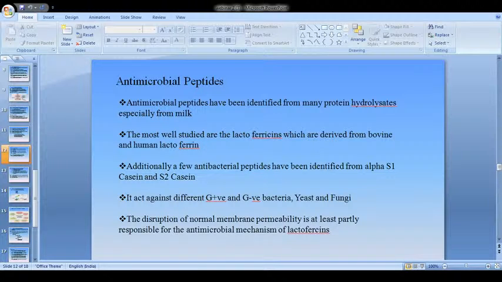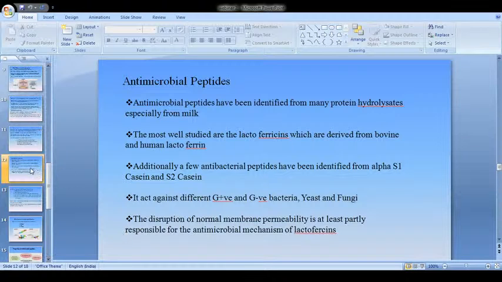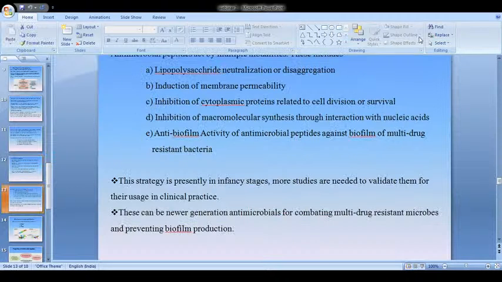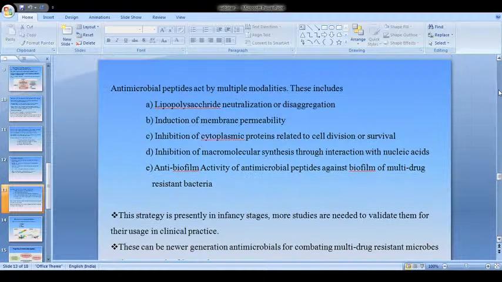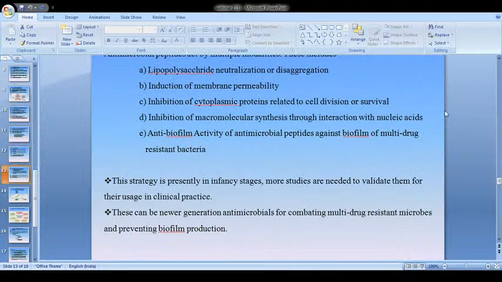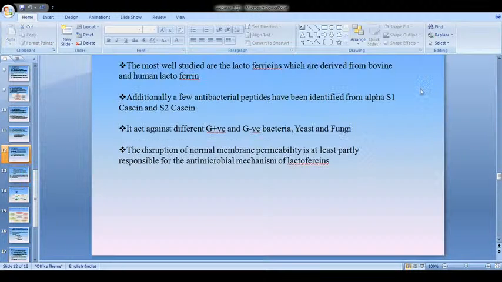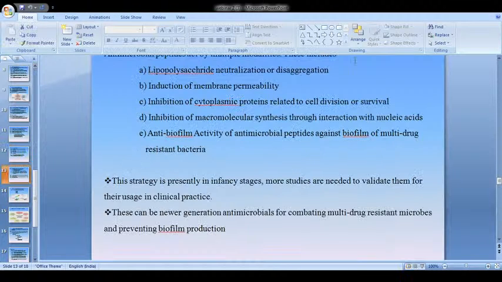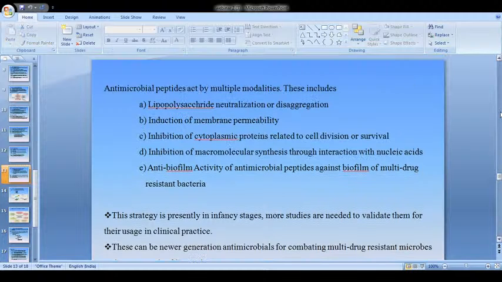These include lipopolysaccharide neutralization or disaggregation, induction of membrane permeability, inhibition of cytoplasmic proteins related to cell division or survival, and inhibition of macromolecular synthesis through interaction with nucleic acids, and antibiofilm activity of the antimicrobial peptides against biofilm and multi-drug resistant bacteria.